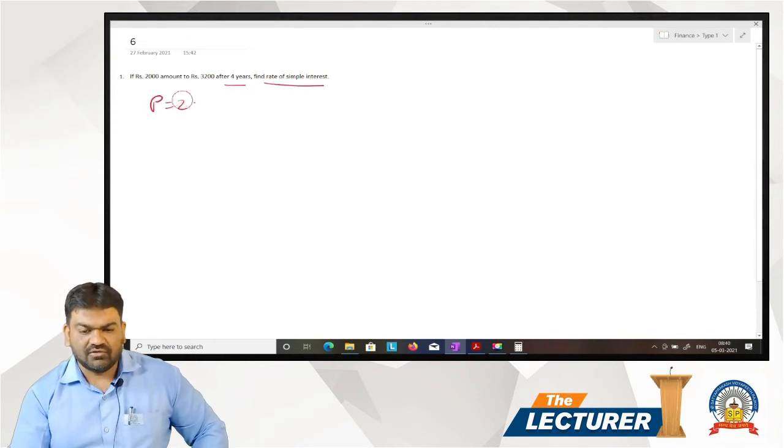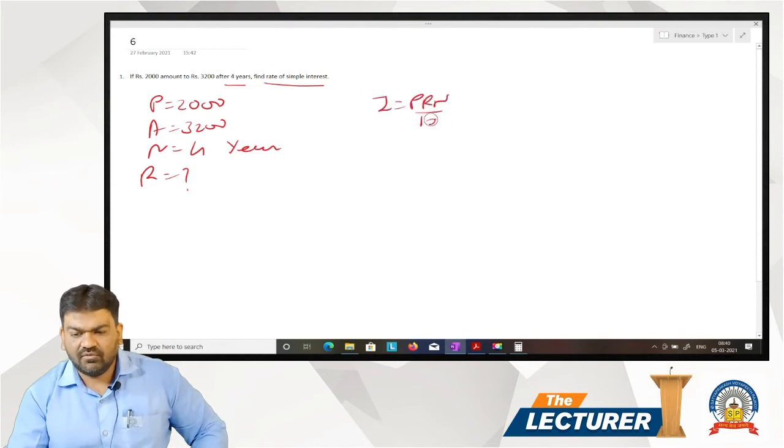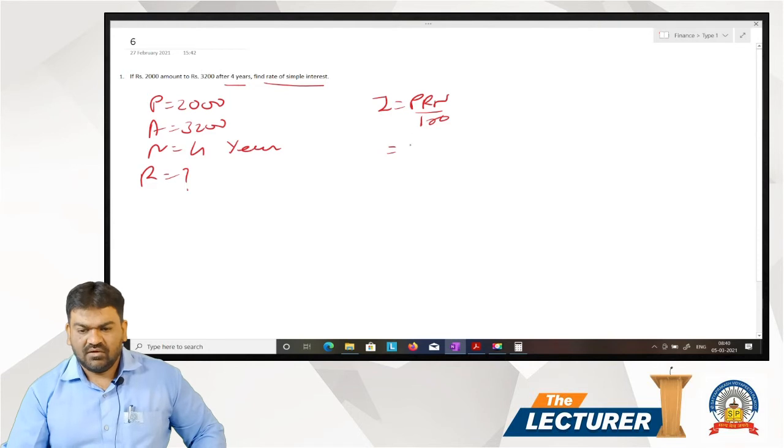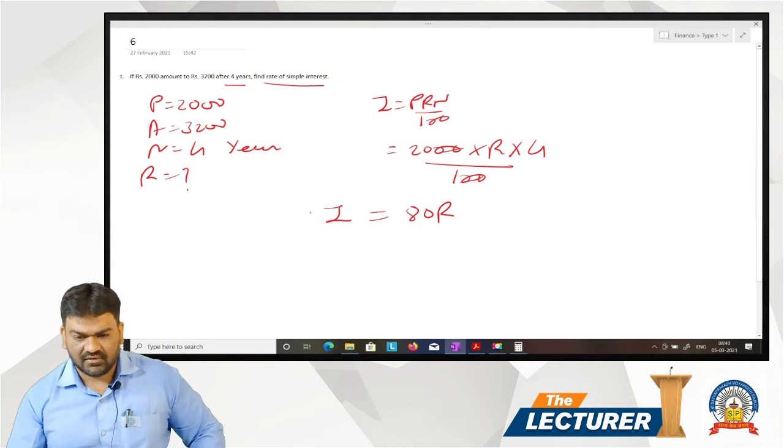So P is equal to 2,000, it will become 3,200, that is A. After 4 years, that is N. We have to find out rate of interest, that is R. I is equal to PRN upon 100, P is equal to 2,000 multiplied by R, N is 4 divided by 100. 40 multiplied by 4 multiplied by 20, 80 R. I is equal to 80 R.